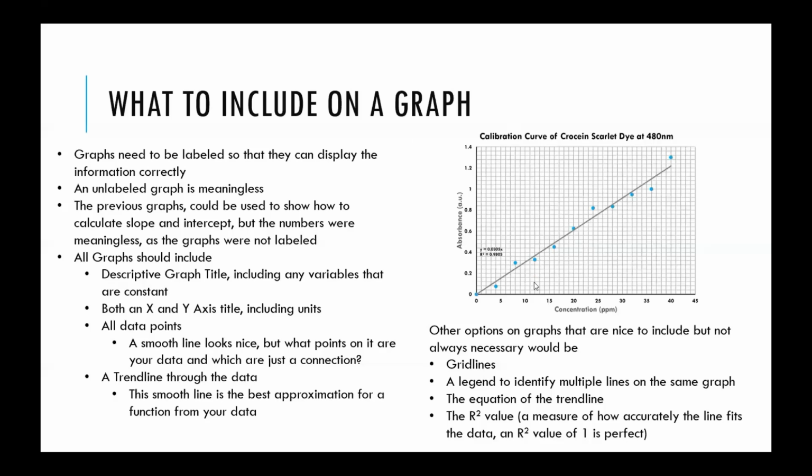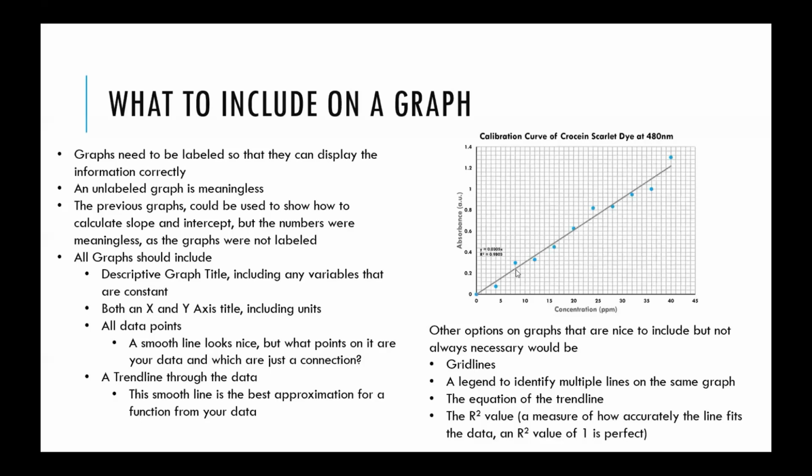It's just a way for the viewer to get a better approximation if they were using the graph directly. If you have multiple lines graphed on the same graph, you want to include some sort of a legend or table to say which line is what.